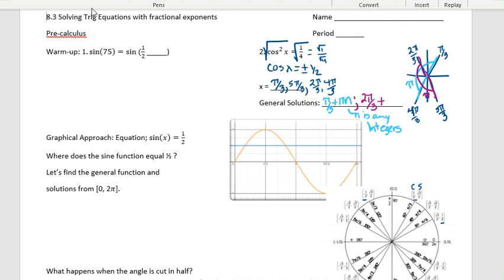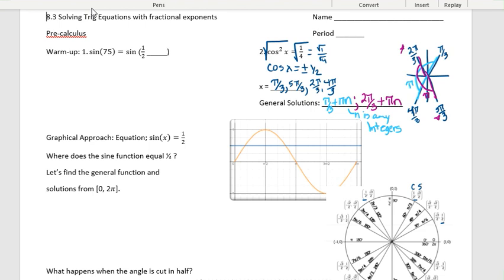I'm not talking about the 3 pi over 2, y-axis there. I'm talking about the distance between this one and this one. They are pi units apart. So this is plus pi times n, and that takes care of all of them, okay? So let's go on. I'm going to stop. That's it, and I'm going to show you how you're going to use these.